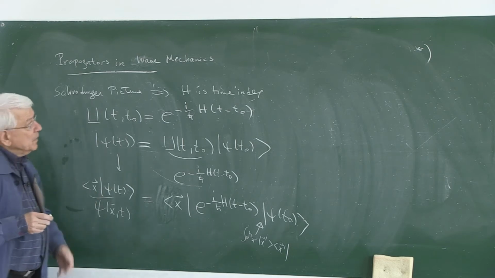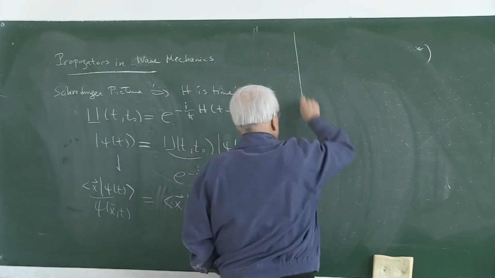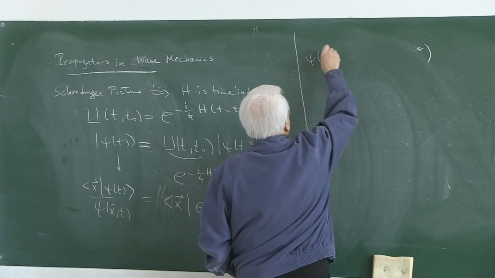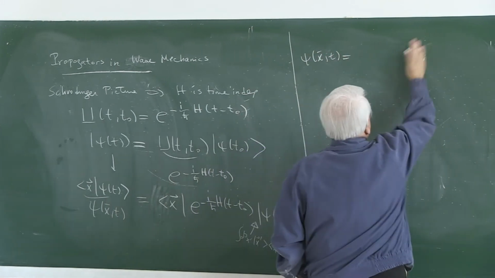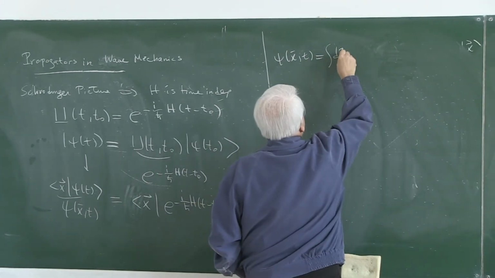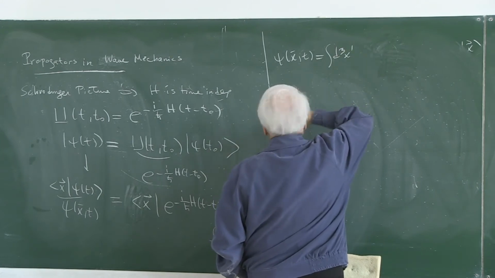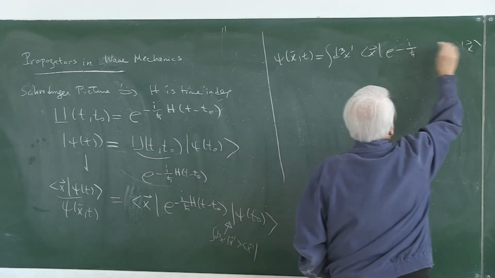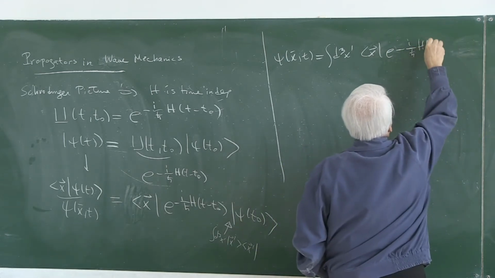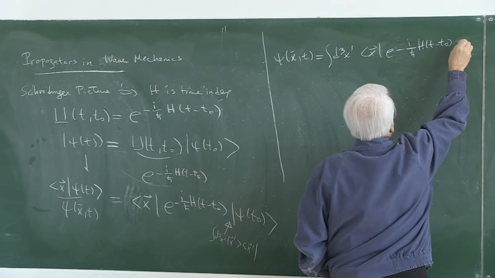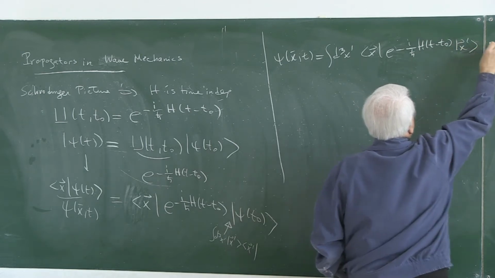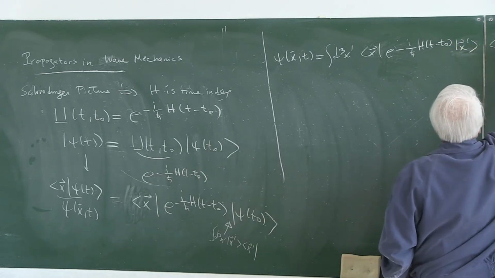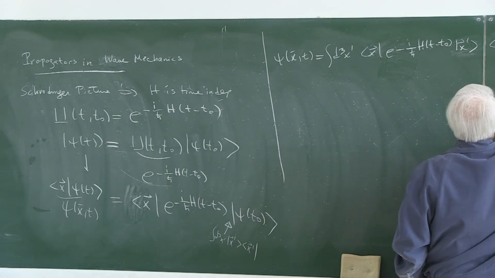So what do I have then? I have the following: psi of x, t is equal to the integral d cubed x prime of the matrix element of x, e to the minus i over h bar H (t minus t0), x prime, times psi of x prime, t0.